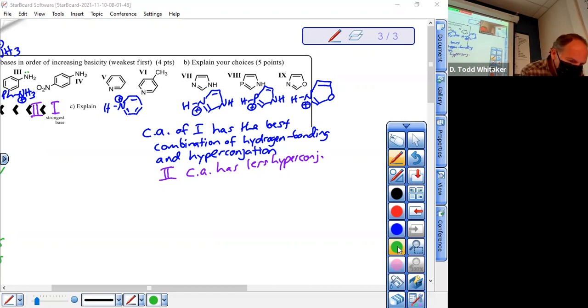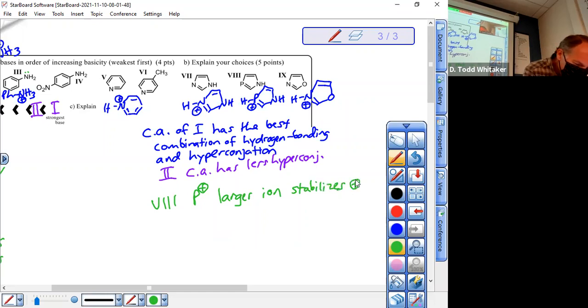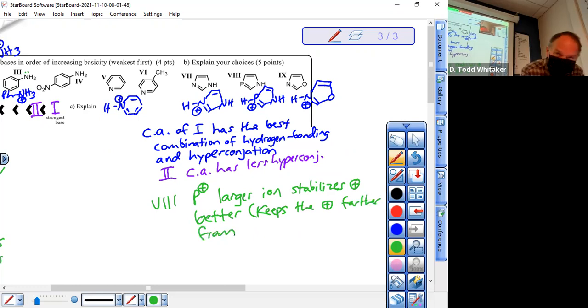Let's see, and just VII, P plus, larger ion, stabilizes plus better. It keeps the plus farther from where we don't like plus, the nucleus.